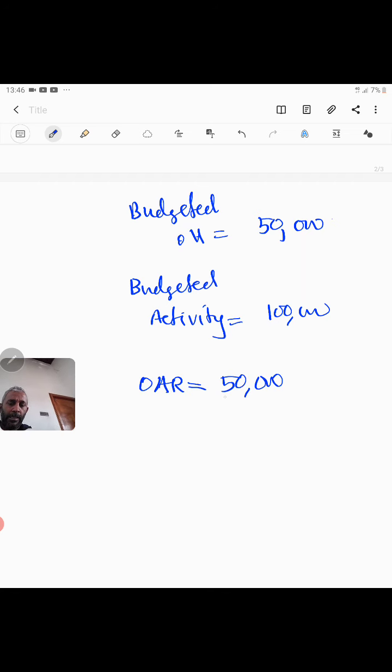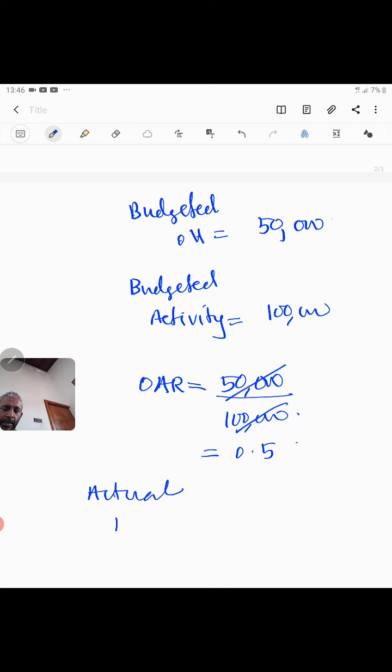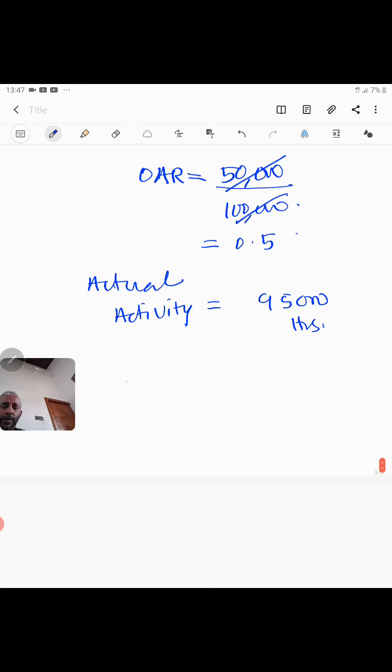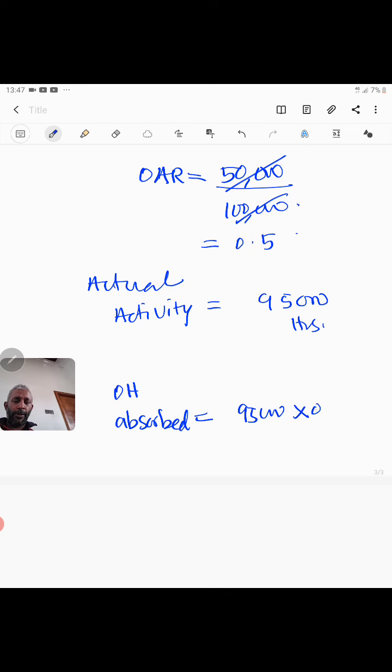So let's calculate the overhead absorption rate. 50,000 divided by 100,000, and our overhead absorption rate will then be 0.5. And they said that the actual activity is 95,000 hours. This is 100,000 hours, here 95,000 hours. So therefore, we have to find out the overhead absorbed. Overhead absorbed will be 95,000 hours into 0.5.